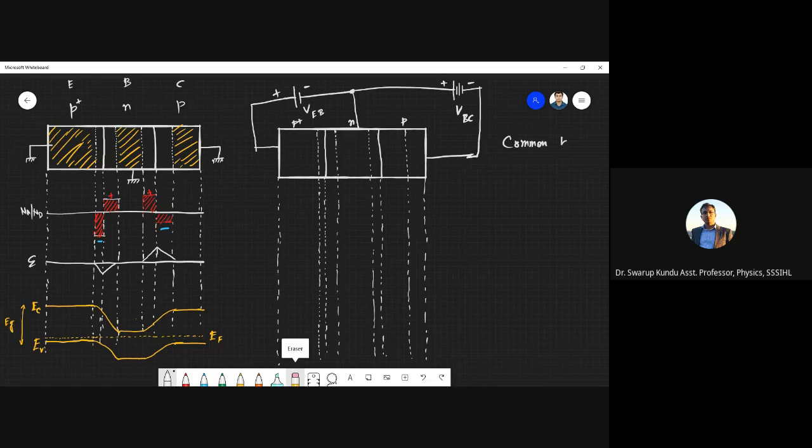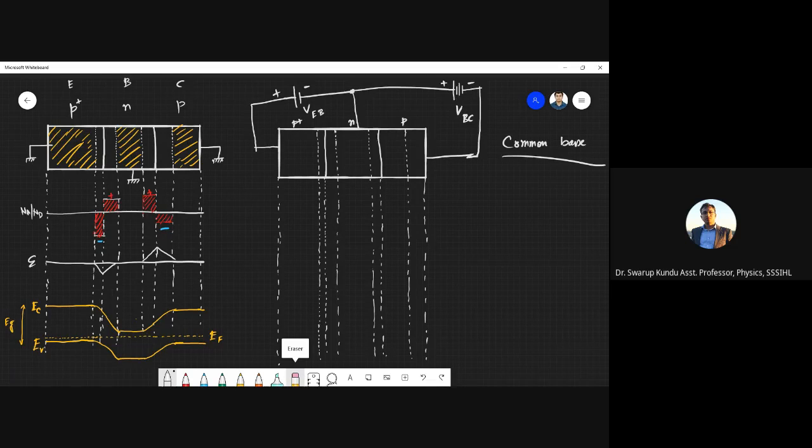As you can see, the base is common in both arms, both terminals. Later on we'll see one side is called the input terminal, the other side the output terminal. For the time being, just two arms. And the base is common on both sides, so it's a common base configuration.